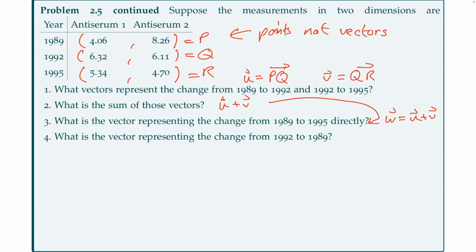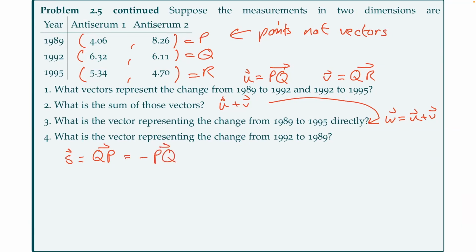So in 1992, we're starting at Q. 1989 is P. So let's call this vector, I'm going to call it S for now. S is going to be the vector from Q to P. So you can work out what this is, but this is just going to be minus P to Q.